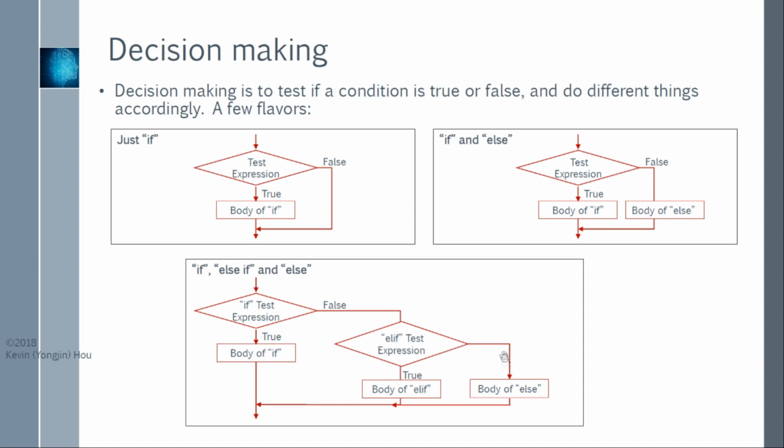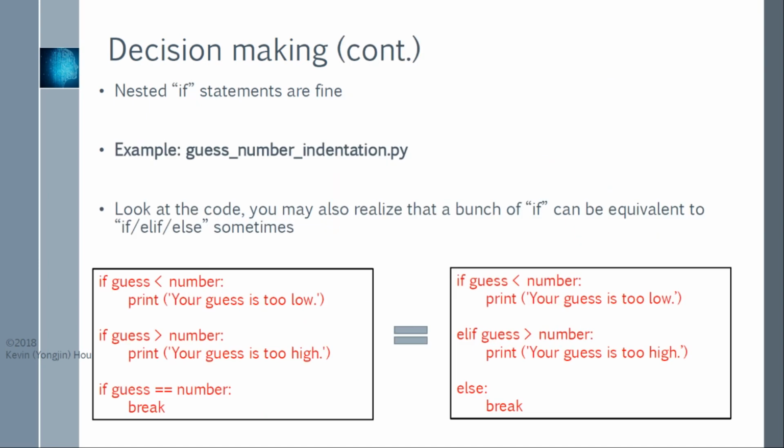And if that fails, it comes to the ultimate else block. Eventually, you go through all the conditions and come to the code which is behind and parallel to the if, else if, and else block. So those are the three flavors of decision making in Python programming.